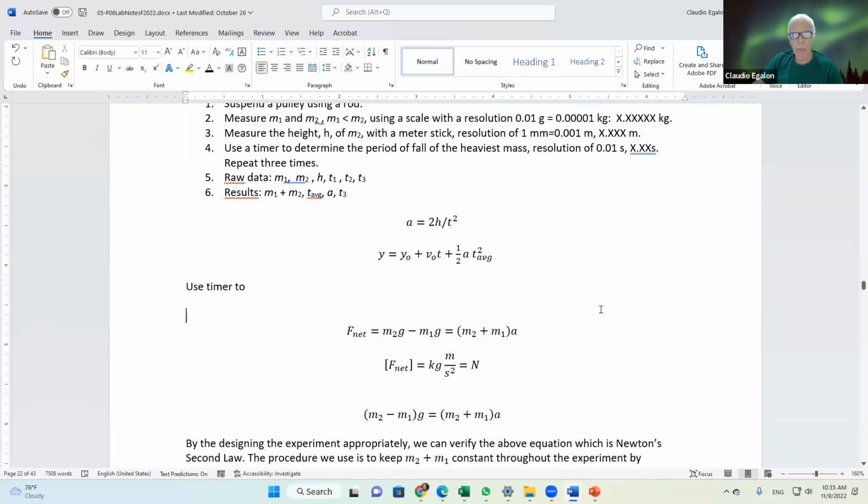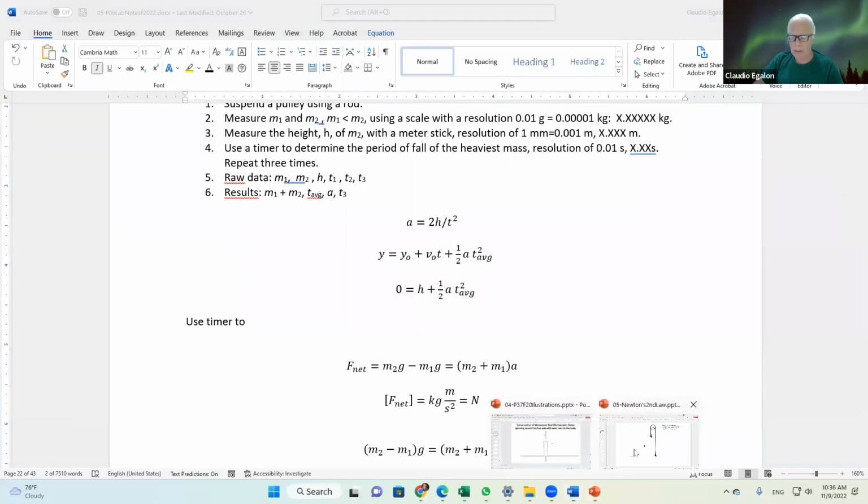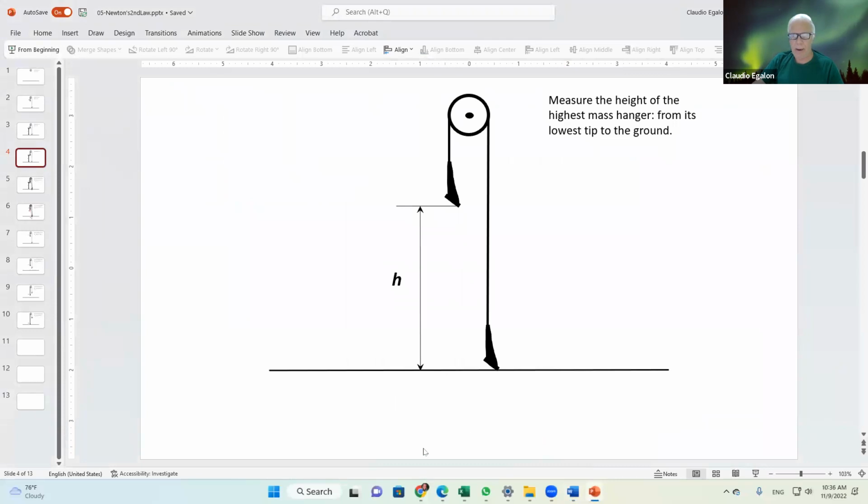Okay. Now, what's next? y is the final position. The final position is 0. The initial position is h. The initial velocity is zero, you release your masses from rest. And then you end up with something like that.